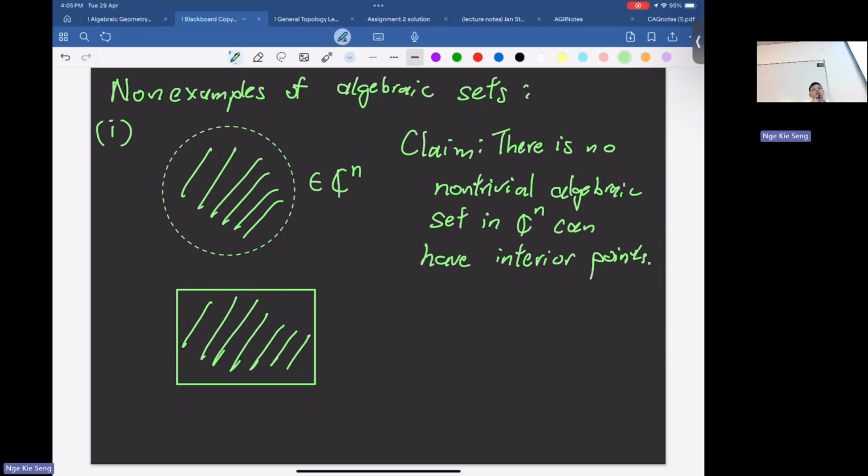So how did we talk about interior points last time? How do you define an interior point? Open ball, yes.